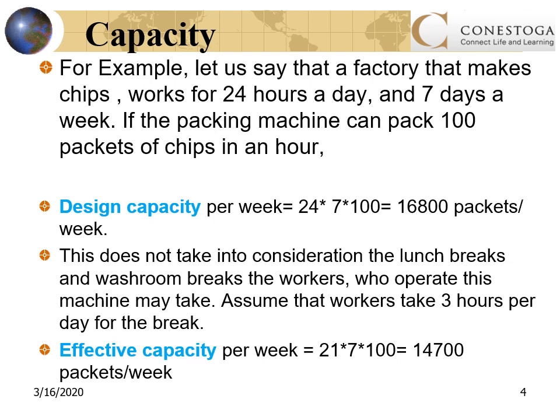Here the rate is packets per week. Now, effective capacity is what every firm aspires to achieve. But in reality, it may not always be possible to achieve the number provided here. What could be the reason? Let's look at the next slide.